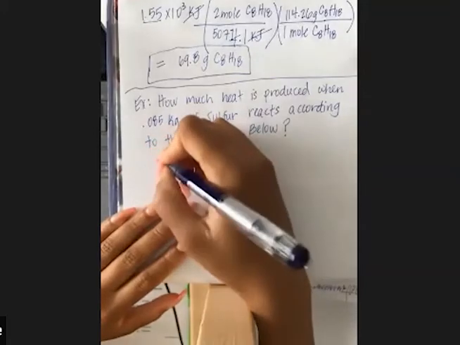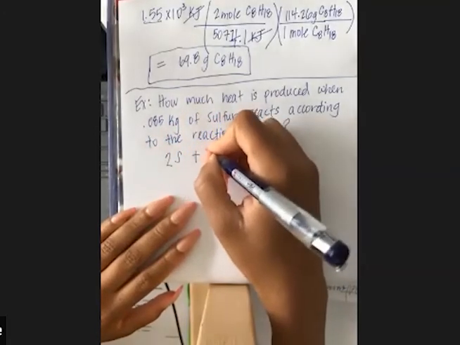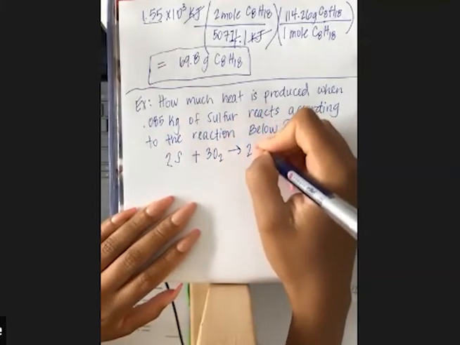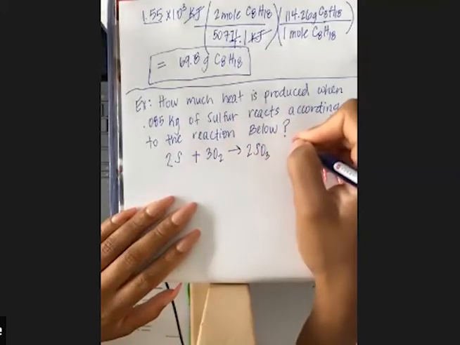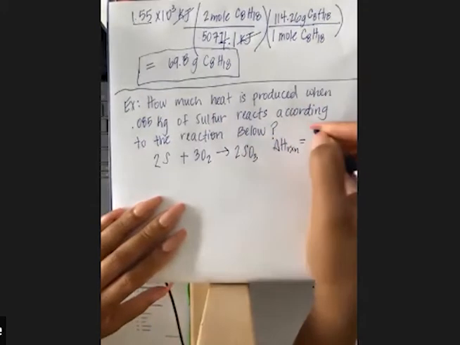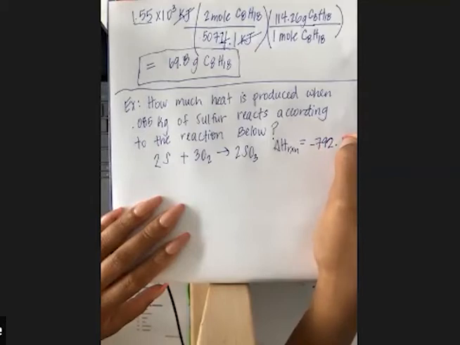So the reaction says I have sulfur plus oxygen gas reacts to form sulfur trioxide, and the change in enthalpy of this reaction is negative 792 kilojoules.